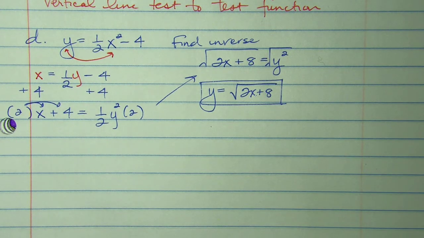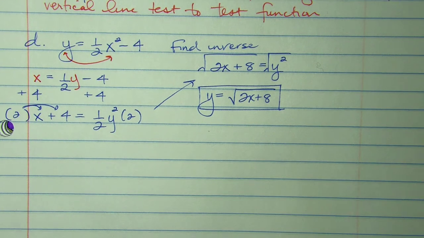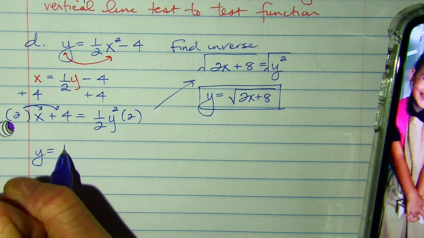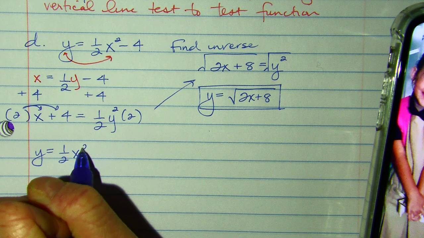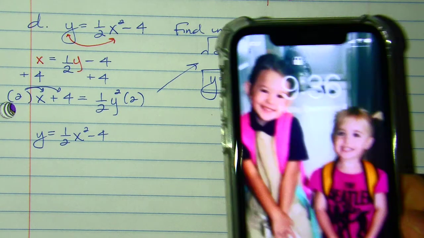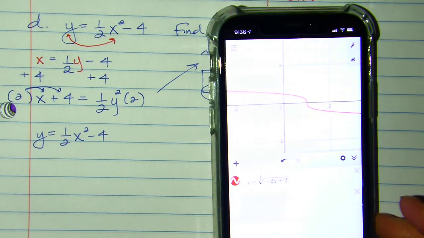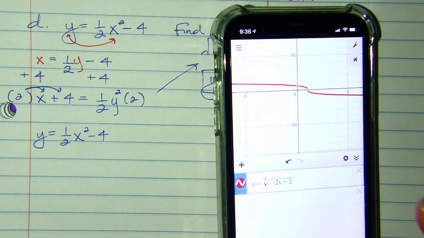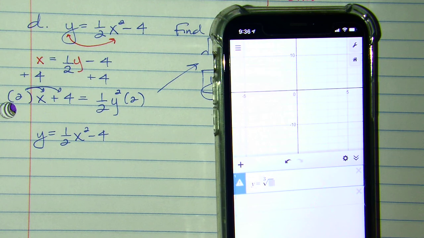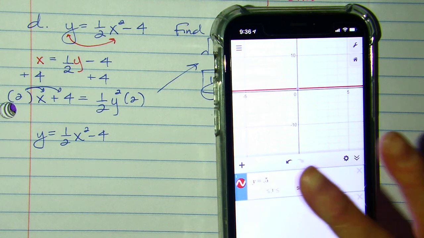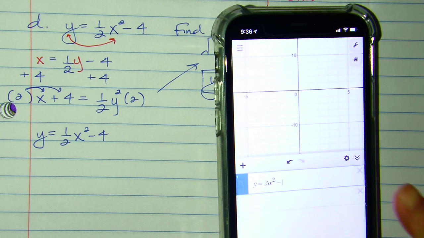Now, it would like us to find the domain and range for each. Again, I'm going to use Desmos, and I'm going to write it here. So 1/2 x squared minus 4. I'm going to enter that in Desmos and find its domain and range. So let's see here. I have this all zoomed in. All right, so 0.5 x squared minus 4.